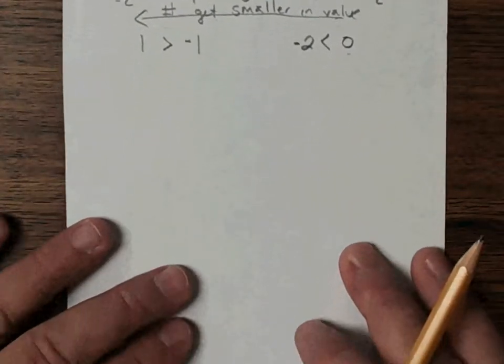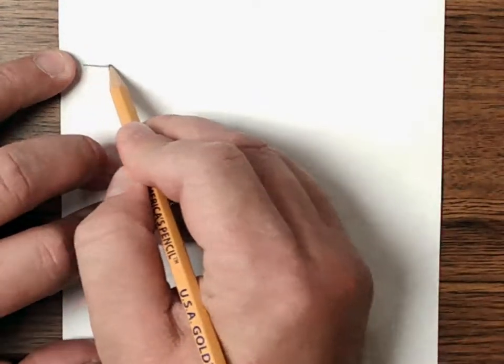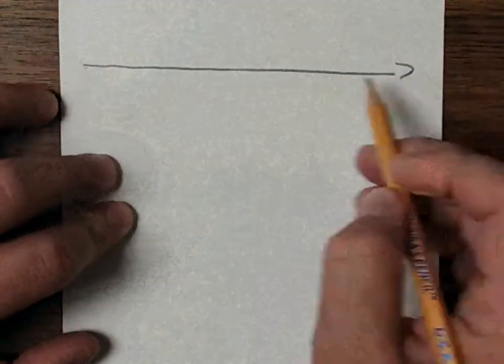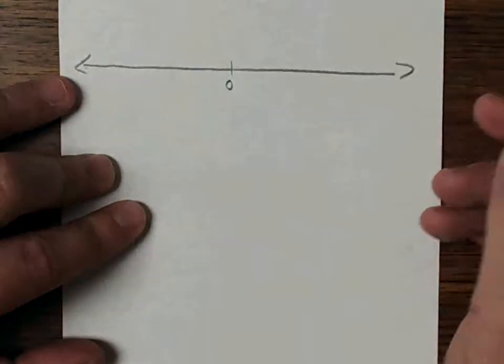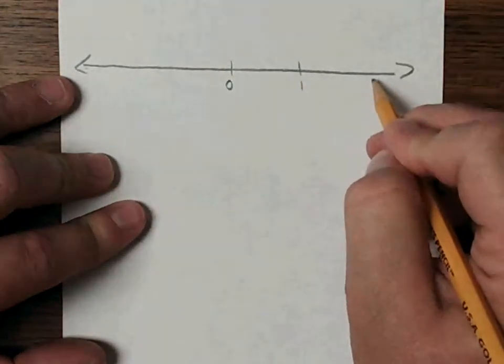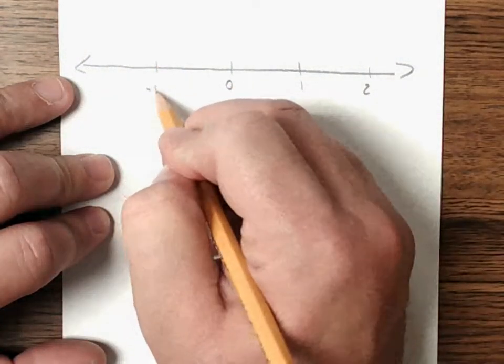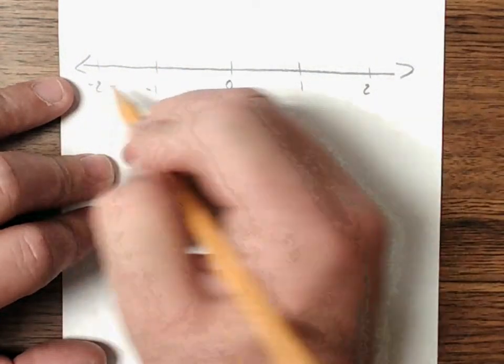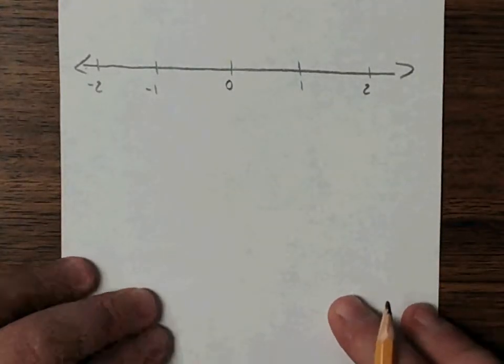Let's look at decimals and fractions. Okay, so we have our 0. We're going to do 1, 2, -1, -2. And we're going to first compare some decimals.